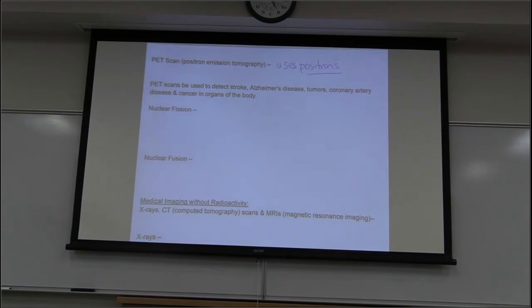If a person has had cancer, it may have been detected with a PET scan, and then after they've had treatment, they will do a PET scan again to detect whether the cancer is gone. And you're correct about the isotope.